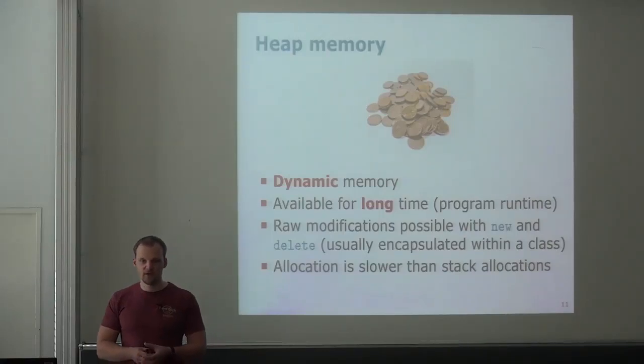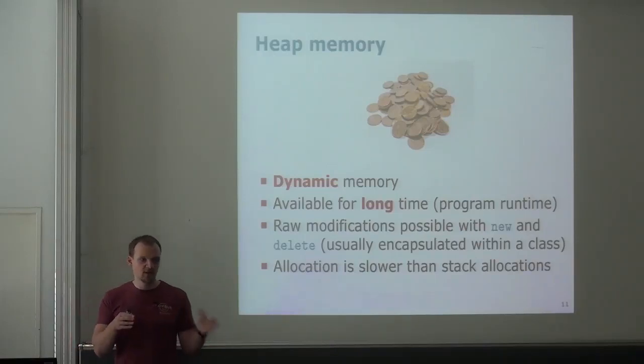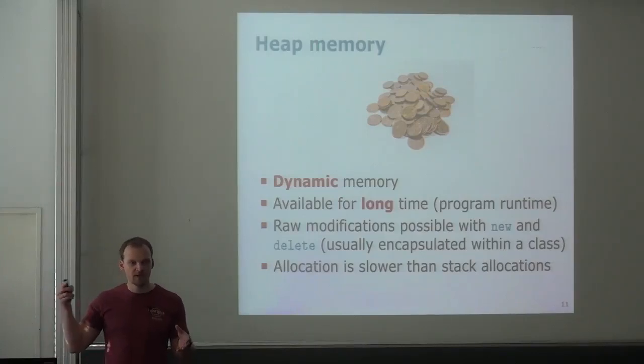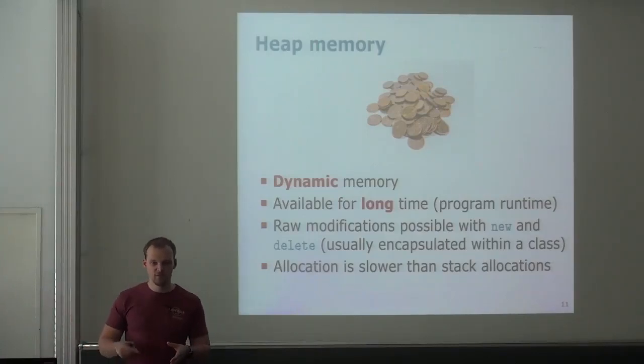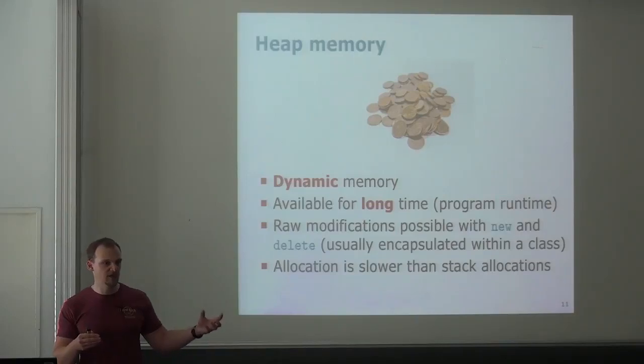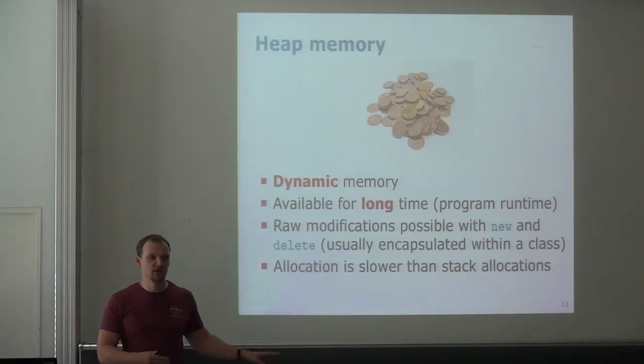It's available for a very long time. You can create something in one function and it will still be available in another function if you can pass a pointer to where it's stored. So it's not automatically cleaned for you when you go out of some scope, because the scopes only clean the stack. Whatever is not on the stack is not affected by getting out of scope in any way.